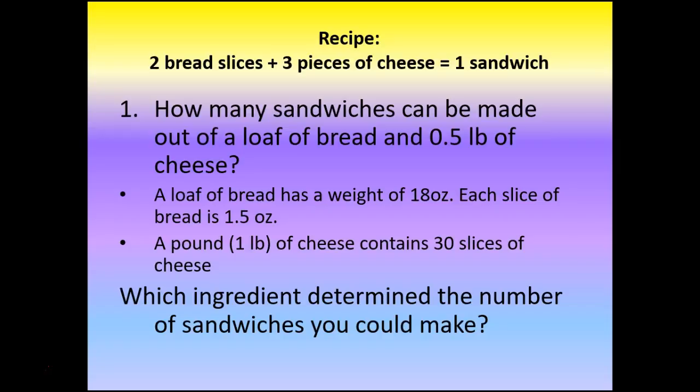Unlike the problems that we started off the unit with, where you were given an amount of one substance and told you've got plenty of the other, in these problems you're given amounts of 2 reactants, and that's how you know it's a limiting reactant problem. So you're doing 2 parallel calculations, and then you're looking at which one gives you the smaller amount of product, and that's the answer to how much product could be made.